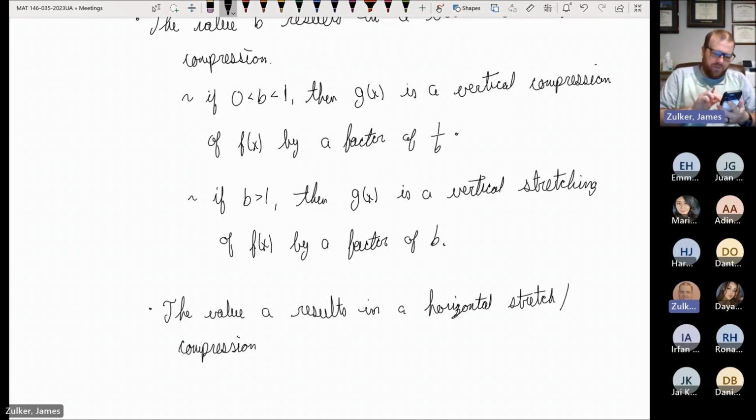So a is going to result in a horizontal stretch or compress.